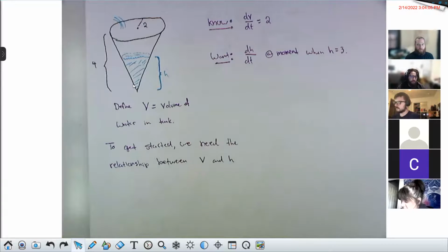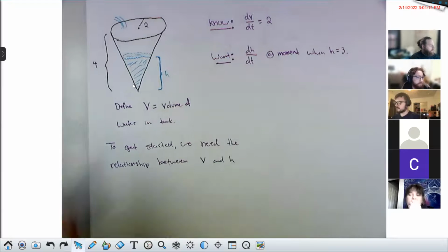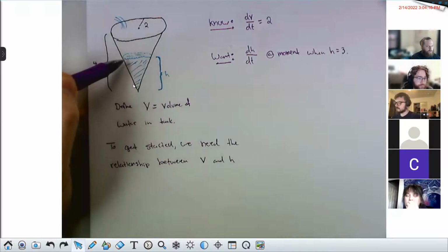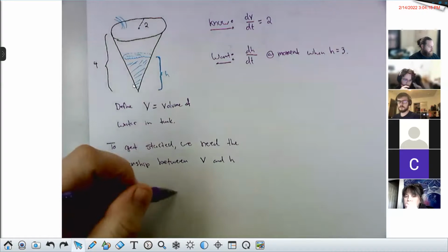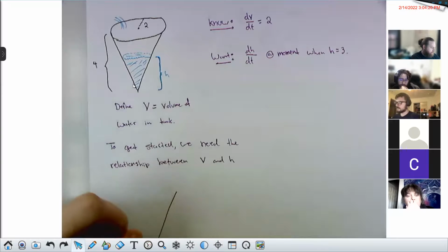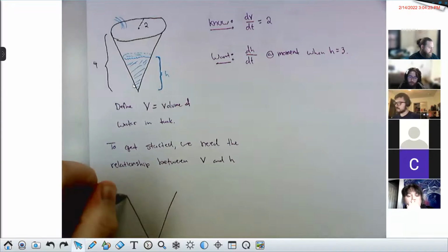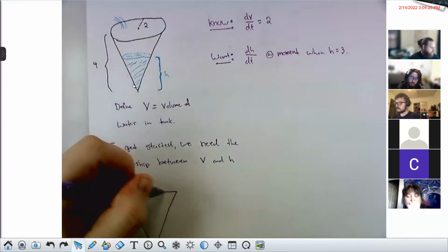It's going to come from something called similar triangles. So in your trigonometry class, one of the things you talked about are triangles being similar or congruent. Some terminology there. If you look straight on at this cone sideways, let me draw it like that. So here's the whole tank.